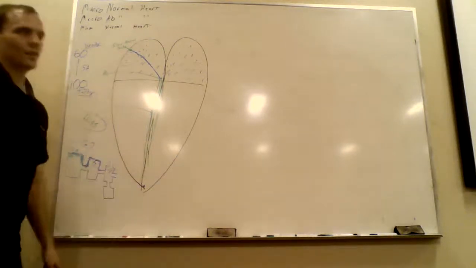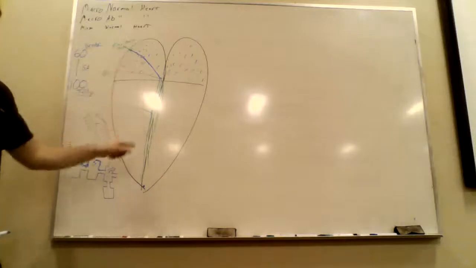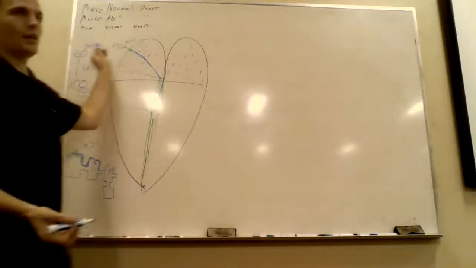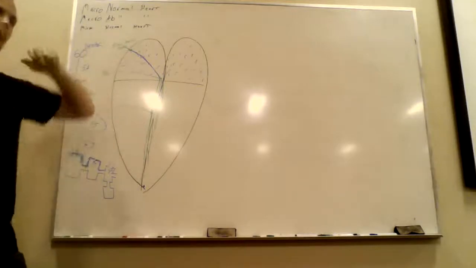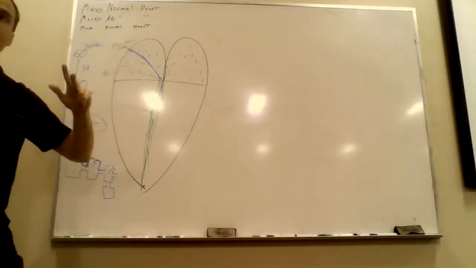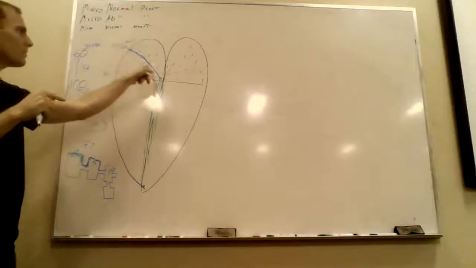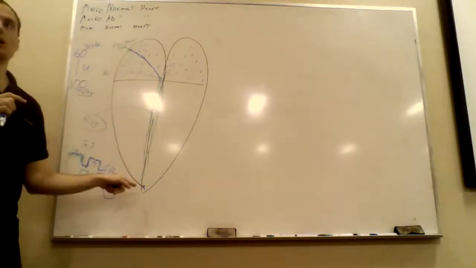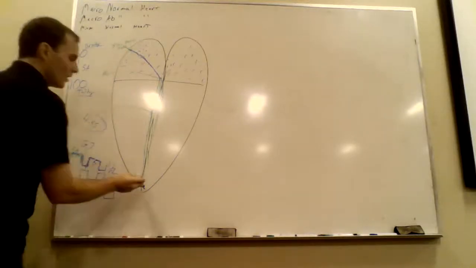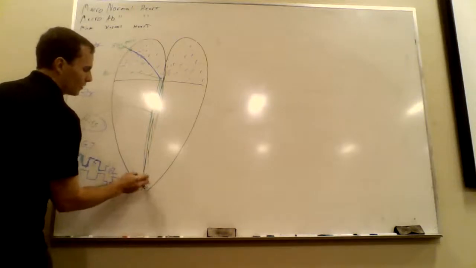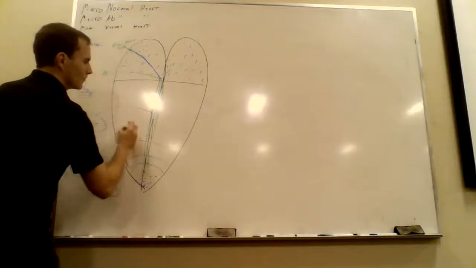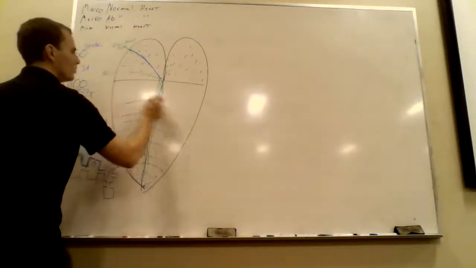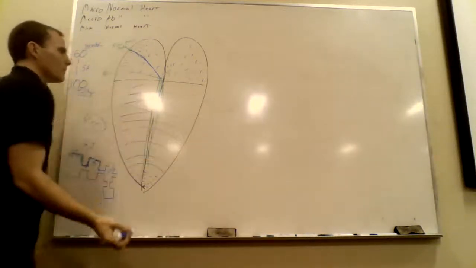of the ventricles, giving enough time to the atria for their ripple effect to go across the entire top, contract, squeeze out the blood, relax, and then the same thing that triggered them finally reaches the bottom of the ventricles. And we start a ripple effect from the bottom towards the top.